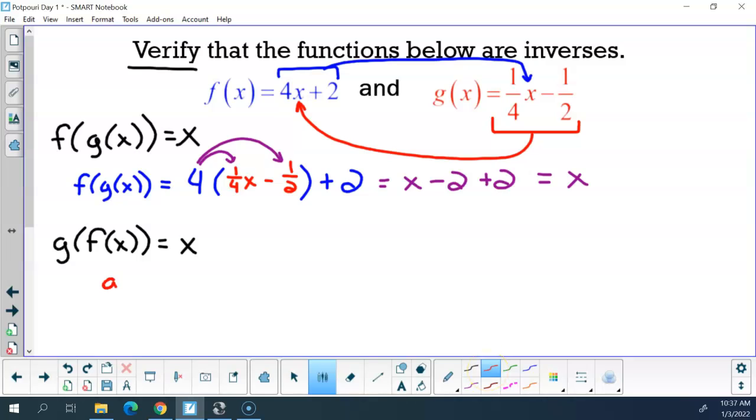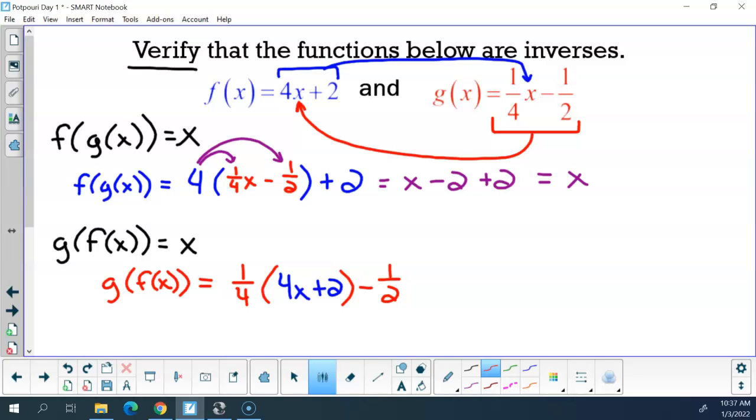So g of f of x is 1/4 times 4x plus 2 and minus 1/2.